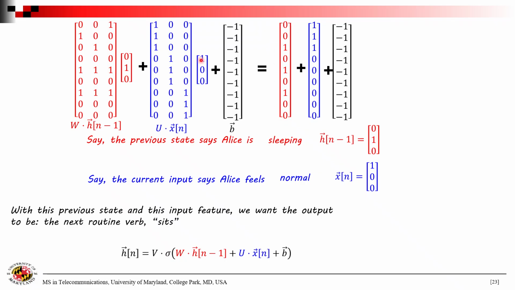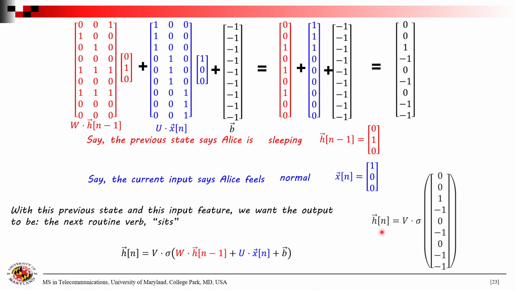That's the second column. Then the next blue segment says that here's the U matrix and we post-multiply it by a vector of all zeros except for a 1 in the first position, which means we grab the first column and we copy it here. And here's the bias. Let's go ahead and add those guys together, and this is the argument to the activation function.